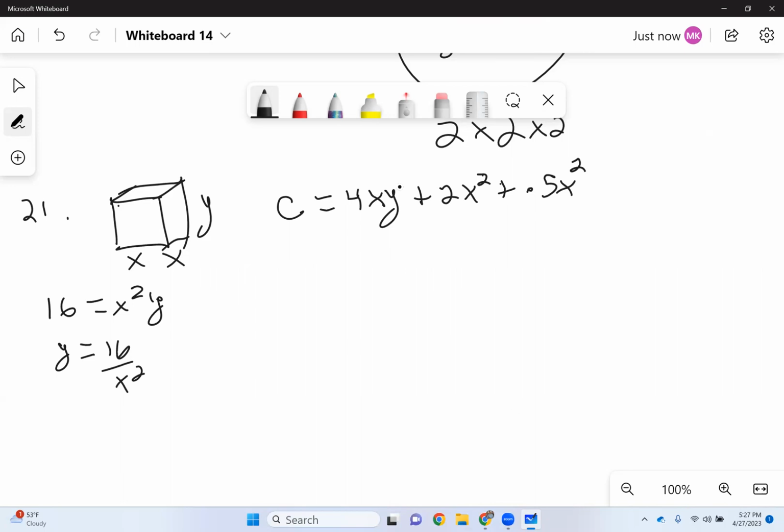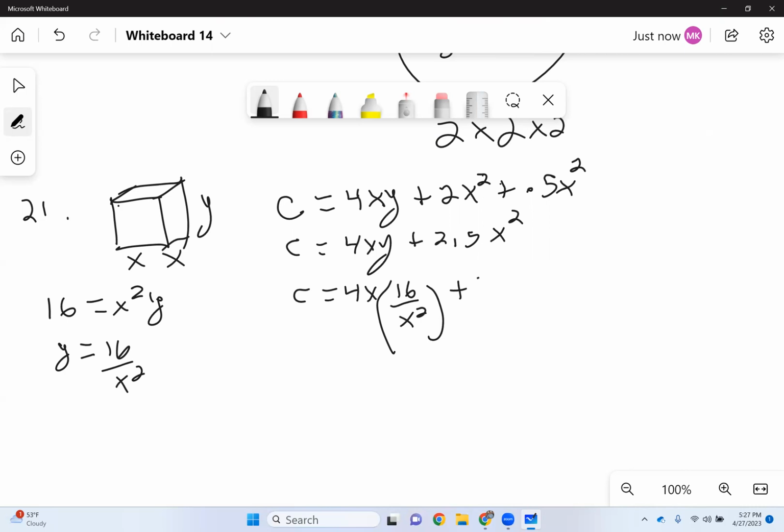So we have here's for each side, here's for the bottom, here's for the top. So the cost equals 4xy plus 2.5x squared. Now we know y is 16 over x squared, so the cost is 4x times 16 over x squared plus 2.5x squared.